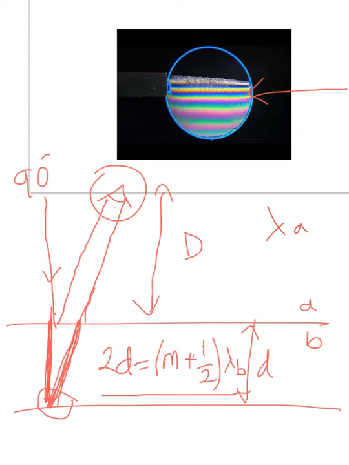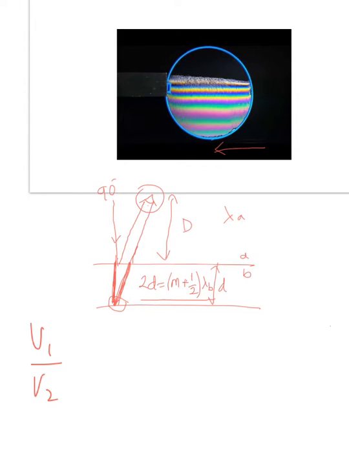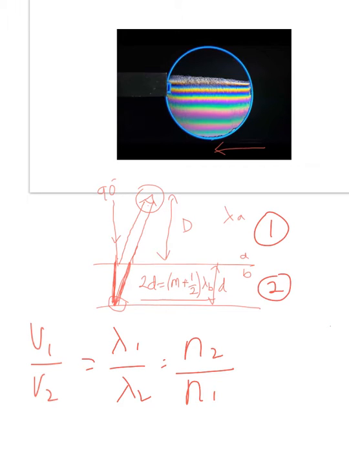Now for that we need to go back to our refractive index theory. If you remember, you had v1 over v2 equals lambda 1 over lambda 2, which equals refractive index of material 2 over refractive index of material 1. Remembering this is material 1 and material 2.